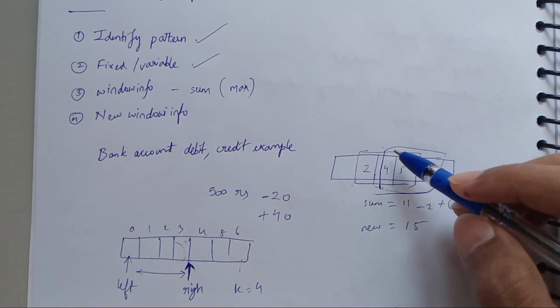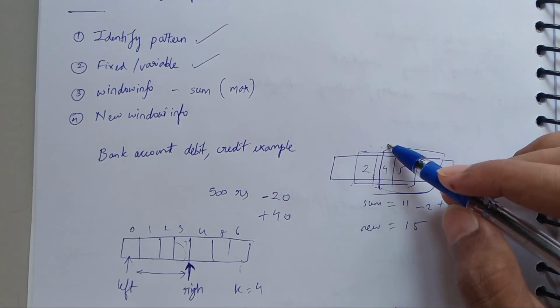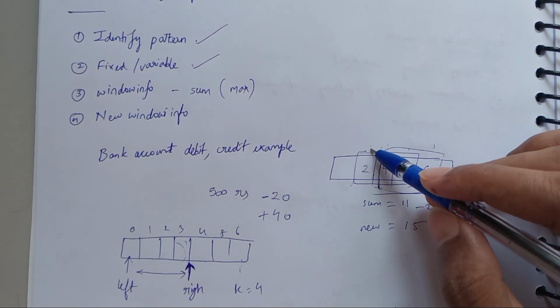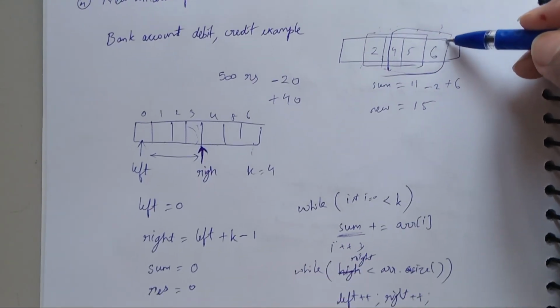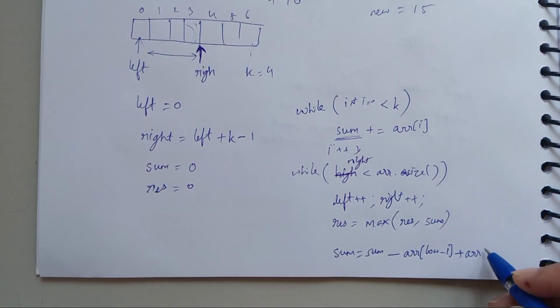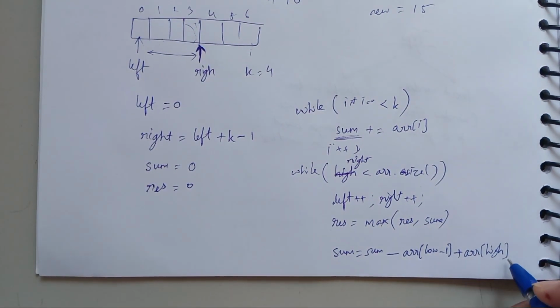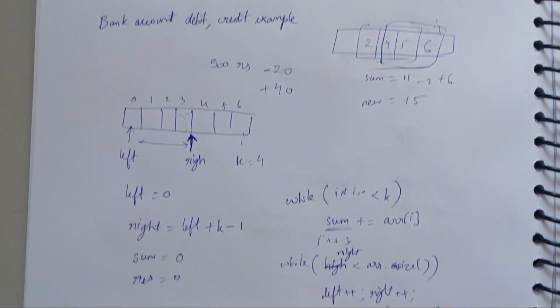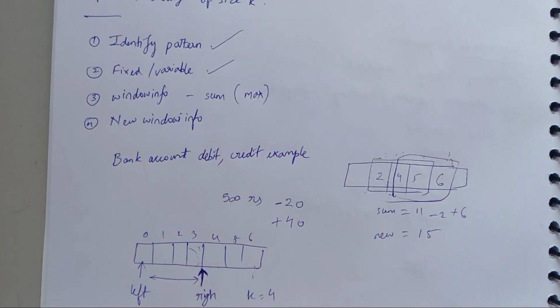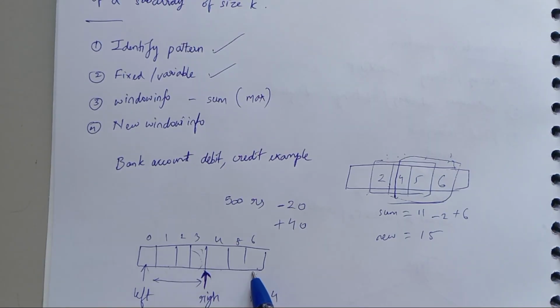Initially low was here and high was here. So we need to subtract arr of low minus 1 and add arr of high. But if we do high plus plus, then this will overflow, because we had the high here, and if we do high plus plus, it will go beyond.